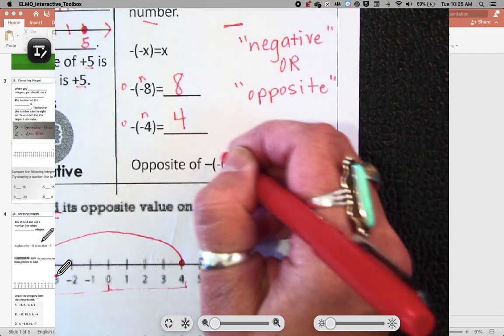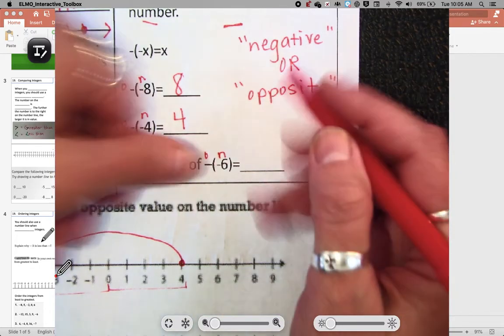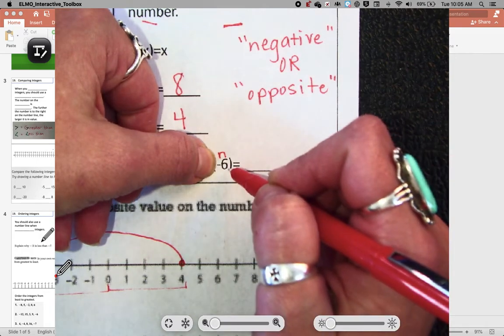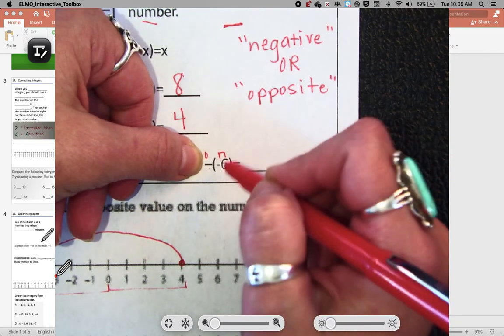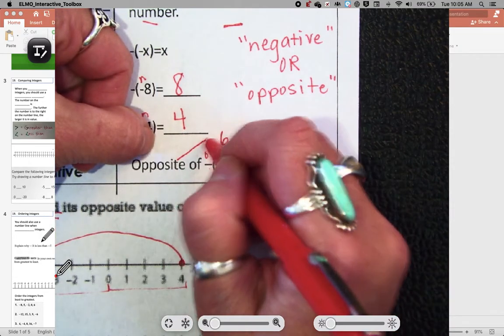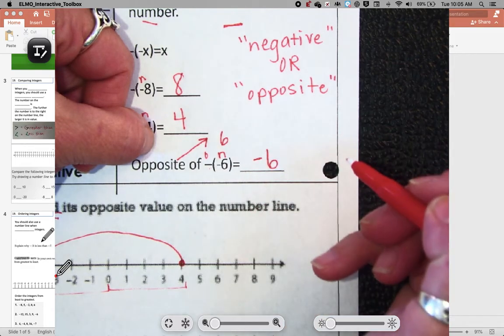So again, we're going to use the word negative here and opposite here. So we have 6. Negative 6. The opposite of negative 6 is 6, but the opposite of 6 is negative 6.